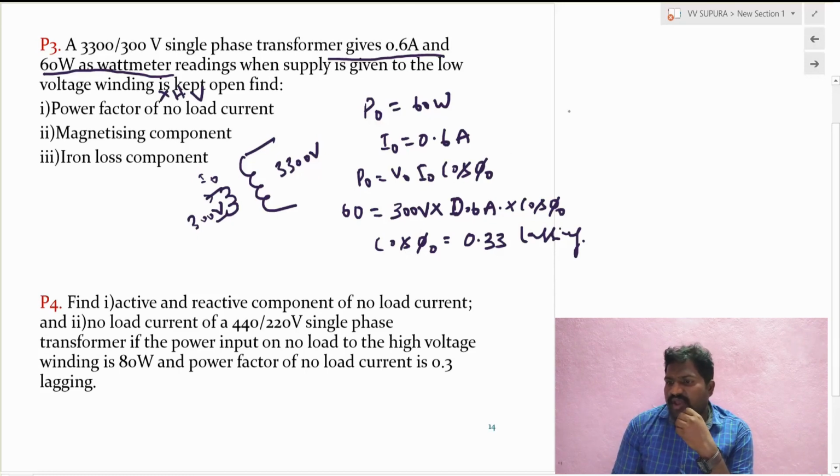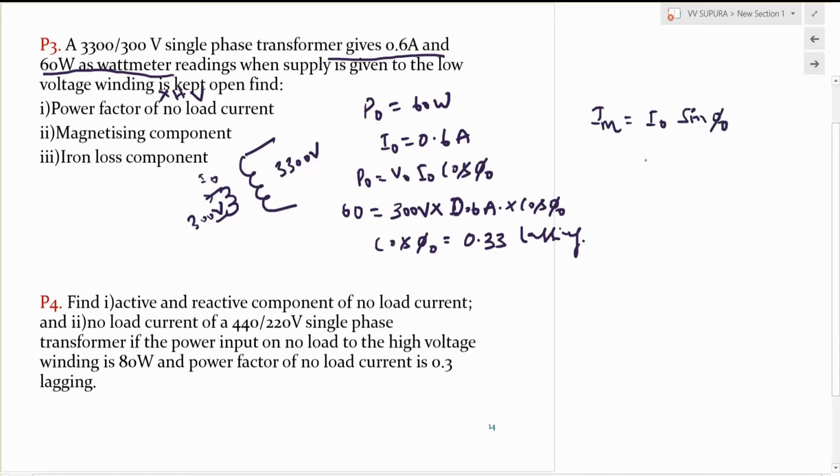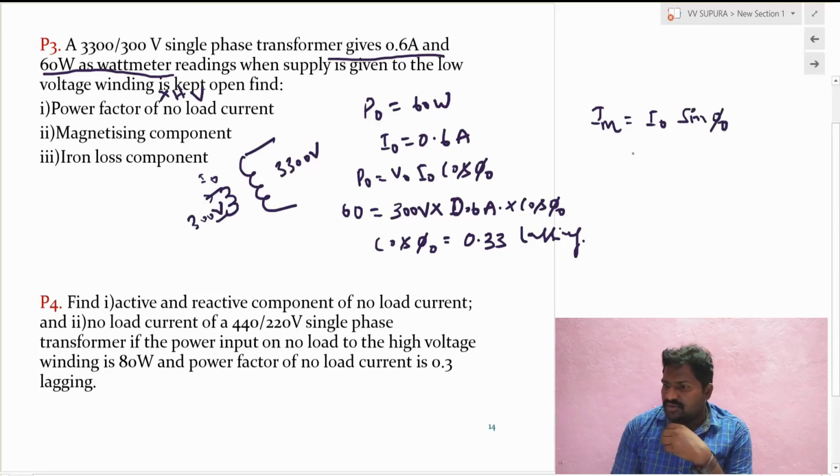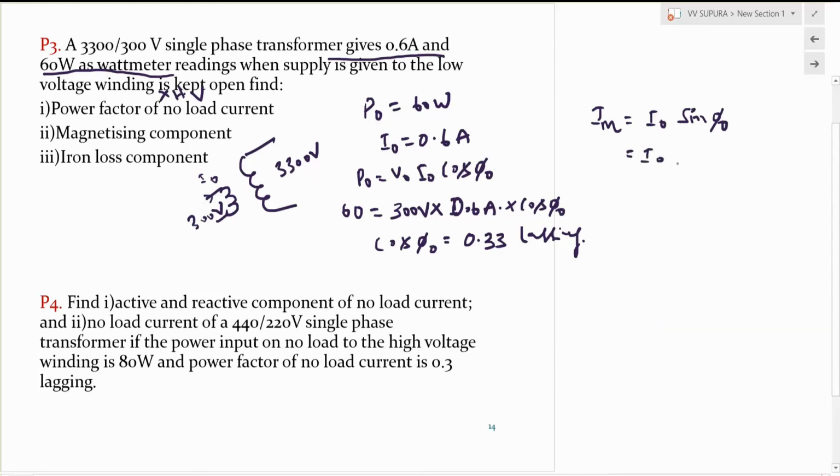Next, the magnetizing component Im is equal to I naught sin phi naught. We calculated cos phi naught, so from this we can calculate I naught into the square root of 1 minus cos square phi naught. The Im component is 0.566 amperes.